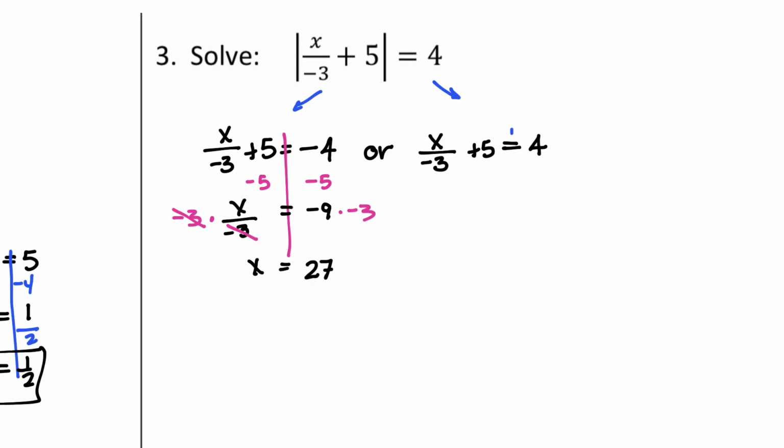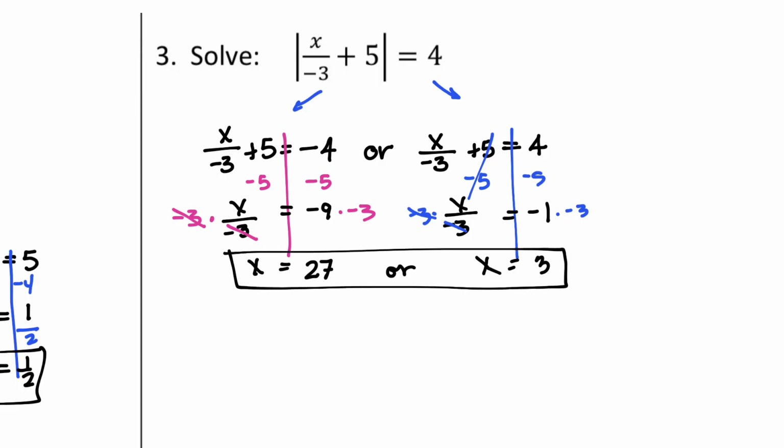Other side, same steps, and we get x over negative 3 equals negative 1, times by negative 3. These cancel, and we get x equals 3. Bring your or down, and there you are.